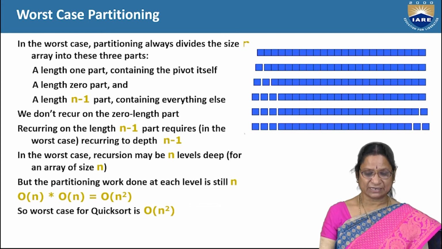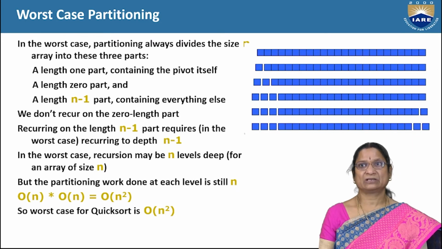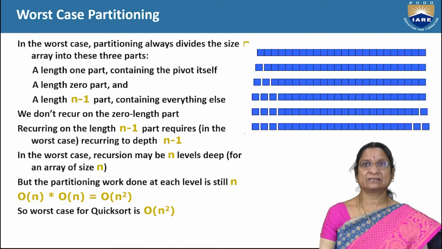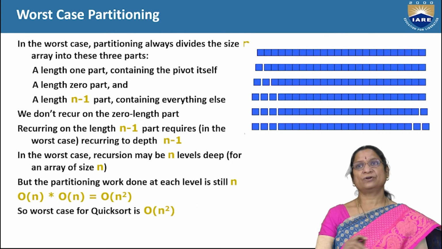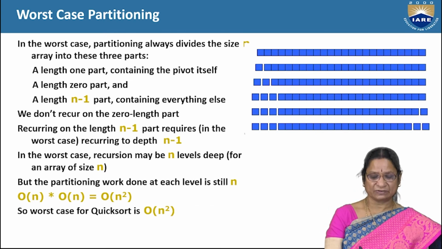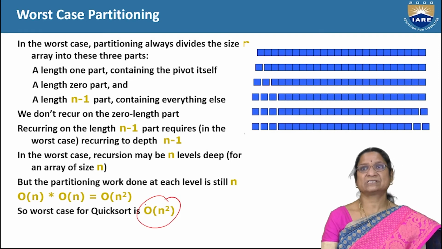So in the worst case recursion may be n levels deep, so n times it occurs, and n work is repeatedly done. So partitioning works on order of n times order of n, totally order of n square. So the worst case of quicksort is order of n square.